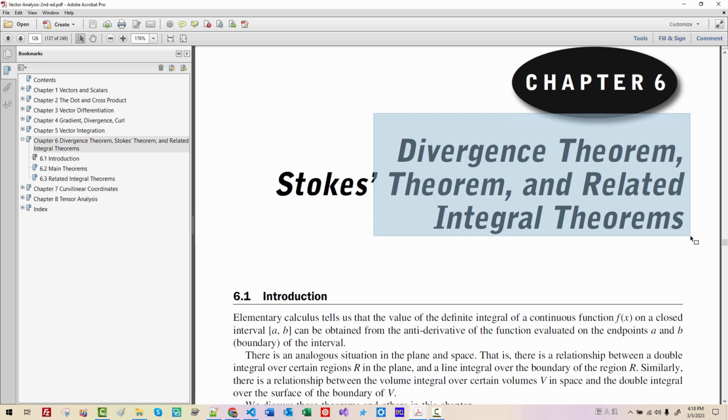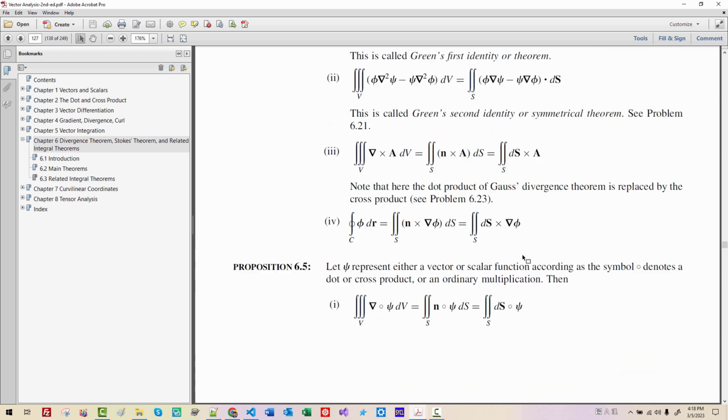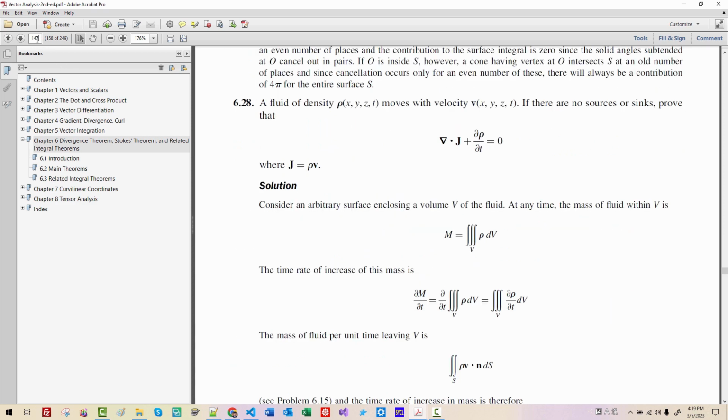In this section, if you scroll down in page 147, problem 6.28: a fluid of density rho moves with velocity v. If there are no sources or sinks, prove that this continuity equation holds with J = rho times v.